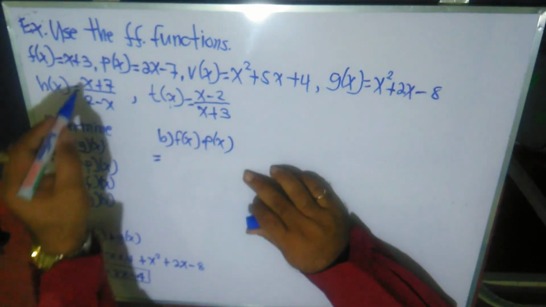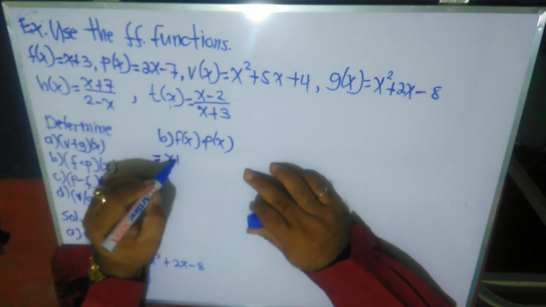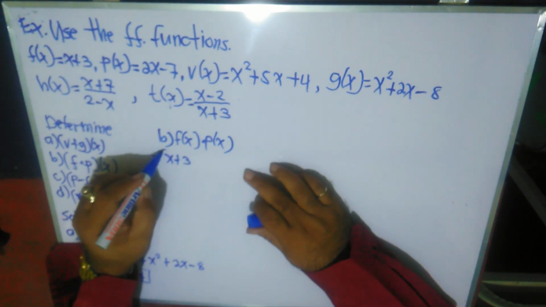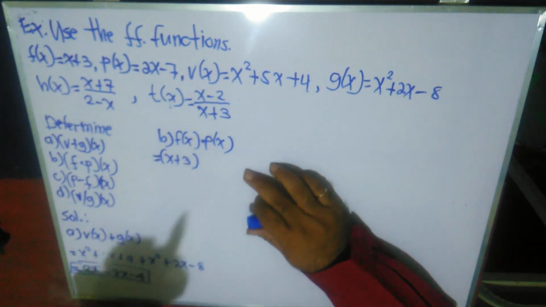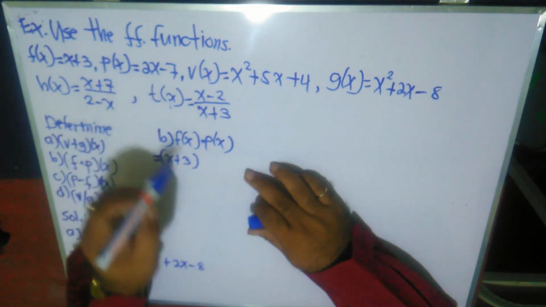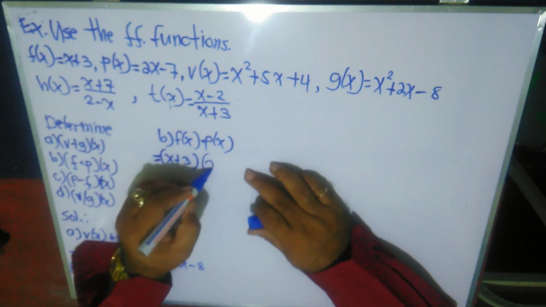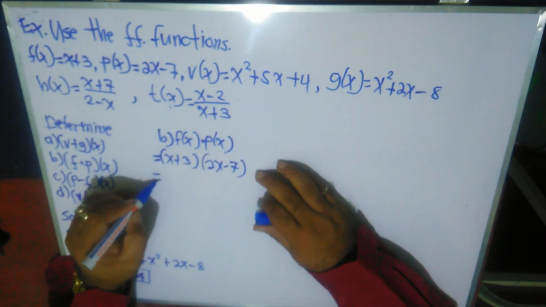Our f is x plus 3. Then we include parentheses because this is a product. Then times our p of x, 2x minus 7.